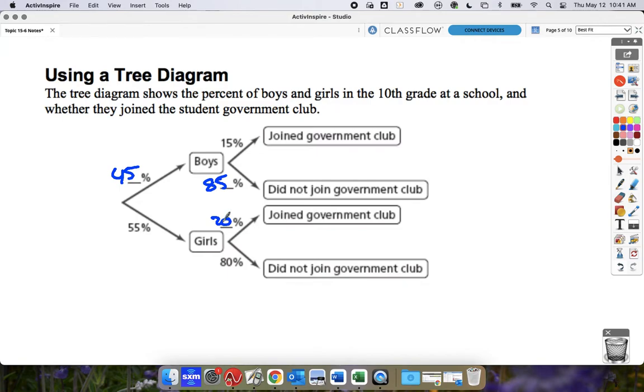So, how many are boys and join the club? What is the probability that it is a boy and he joined the club? It's not a division now.